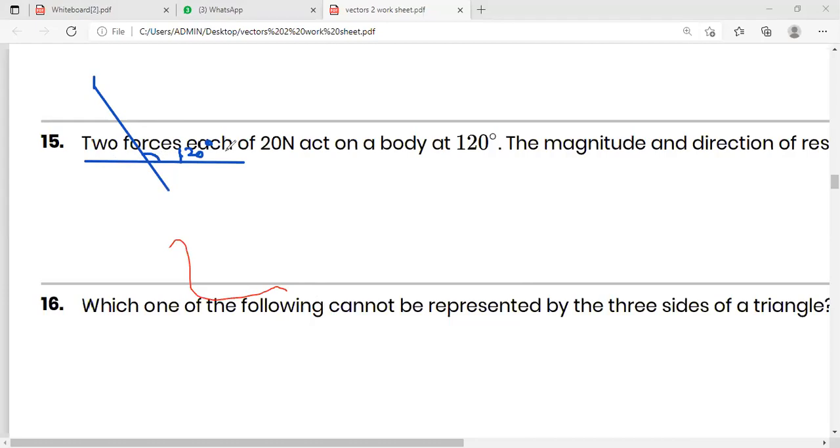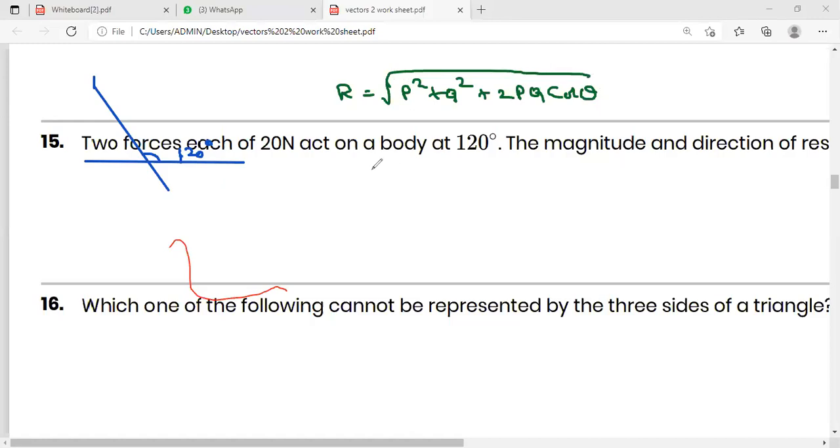Then what about the resultant? What is the general formula according to the parallelogram law of vectors? According to the parallelogram law of vectors, the resultant is root over p square plus q square plus 2pq cos theta.